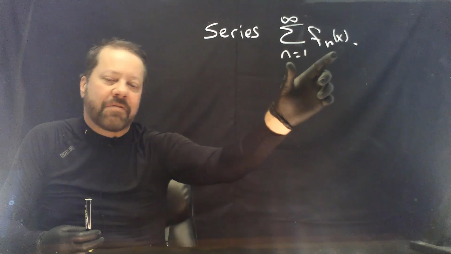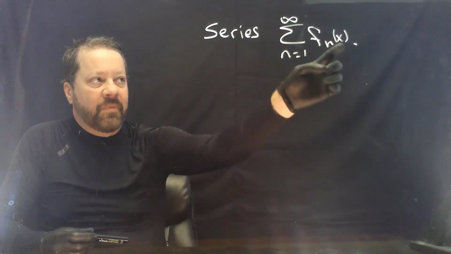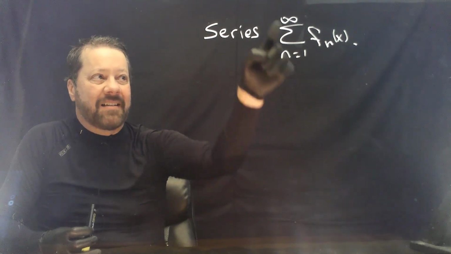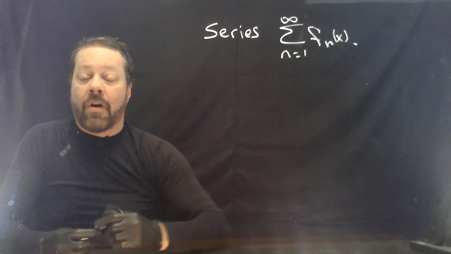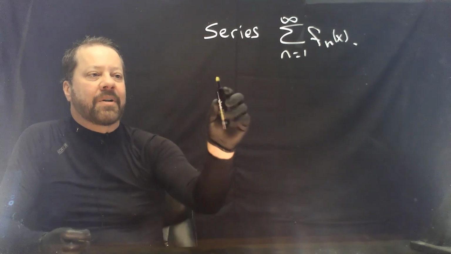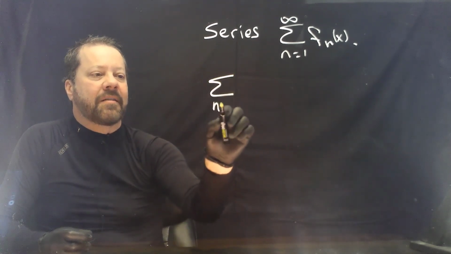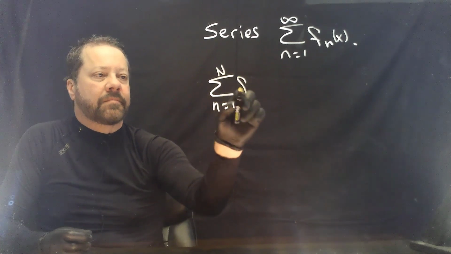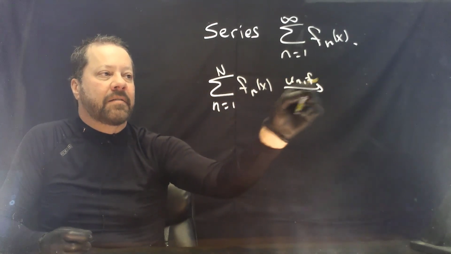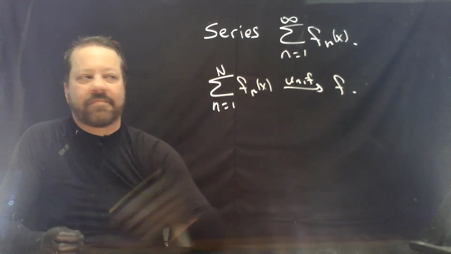But to converge uniformly, we need to get convergence with the same n, given an epsilon, for all of the x within the domain. In other words, we want to know, does this converge uniformly to some function?